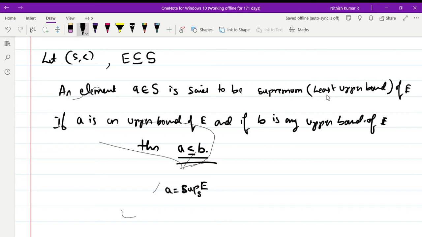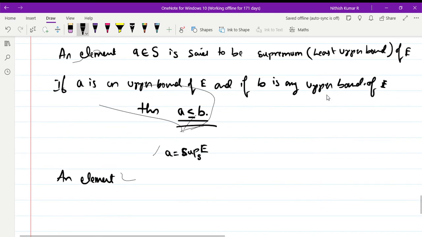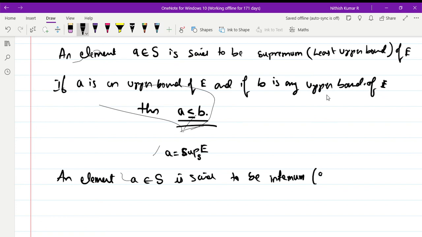Now the next one. An element A belonging to S is said to be the infimum, or greatest lower bound of E, if A is a lower bound.